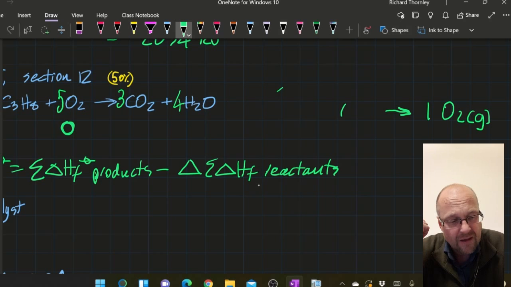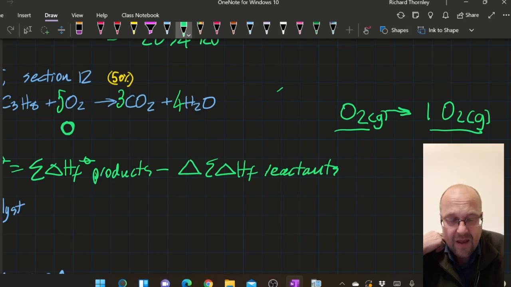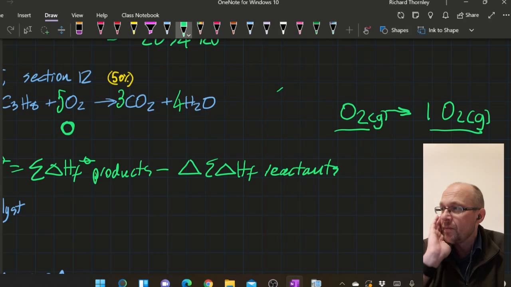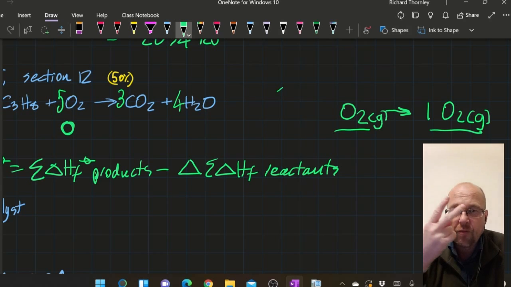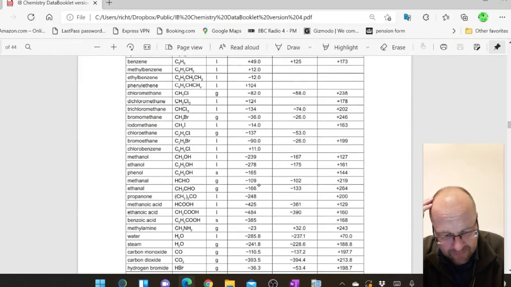So you can see that nothing is happening there. Making 1 mole of a substance from the element in its standard state, everything's just the same. So that's going to be 0. And the other trick, which I know they're going to put in, is there are 2 values for water, liquid and gas. So we have to make sure that we use the gas value, because that's what's in the question. All right.